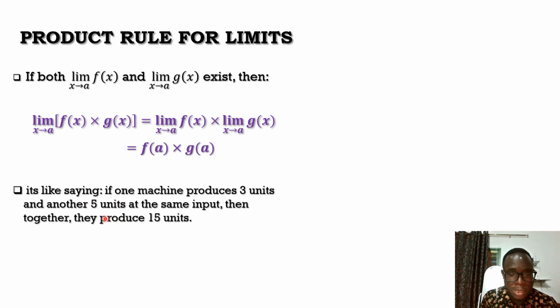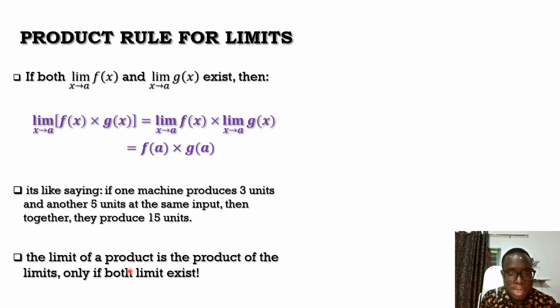And the limit for the second machine, the result is 5. So if I want to find the total that the machines will produce, it will be 3 times 5, which is equal to 15. So here the limit of a product is the product of the limits only if both limits exist. That is what we need to take note of.